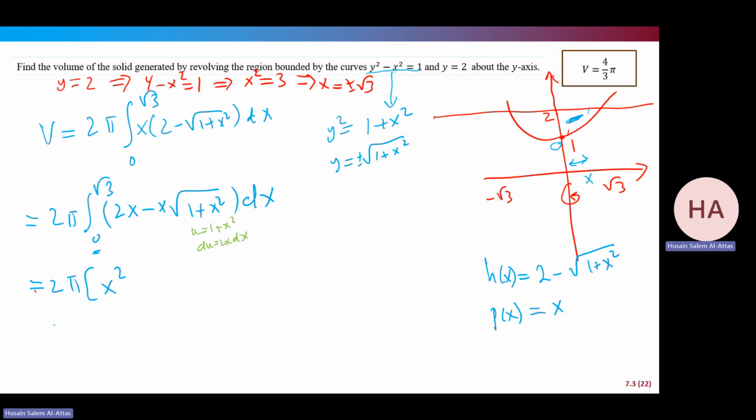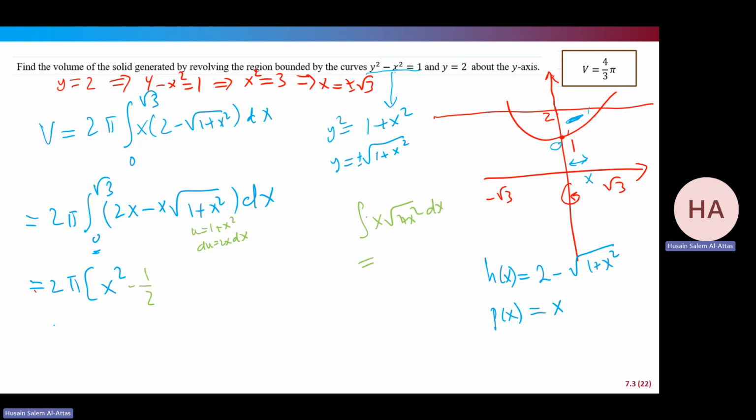So I need 2.5, so it will be minus half. Yeah, square root of u. Look at this: x square root of 1 plus x squared dx.